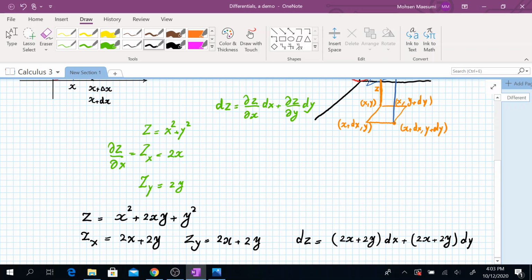So if I want to calculate the differential at any particular location, I need the x and y coordinates of the starting position. I need to know what the increments dx and dy are going to be, and when I plug them in here, I'll get my total differential. So this is what is called the total differential.